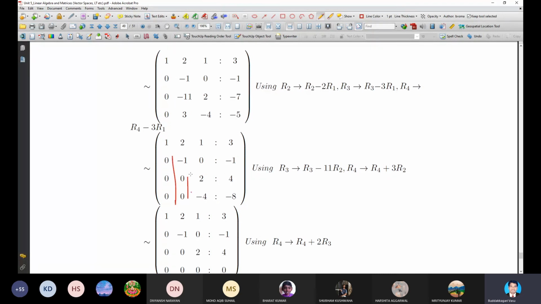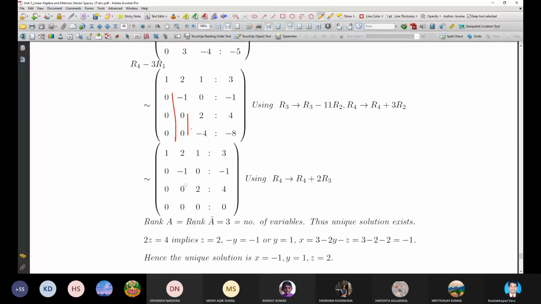Like that, you choose the required row operations and perform them. So this is the matrix we finally obtain, and it is clearly in the row echelon form.